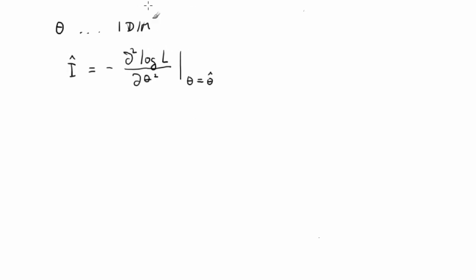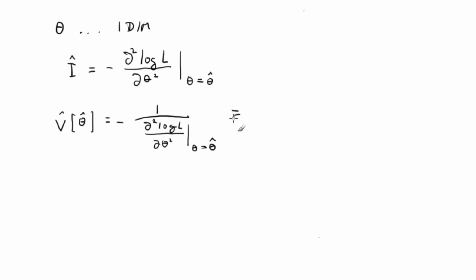The variance estimator of theta hat is then: estimator of variance of theta hat equals minus 1 over second derivative of log L by d theta squared evaluated at theta equal to theta hat. And this we write down as sigma squared sub theta hat.